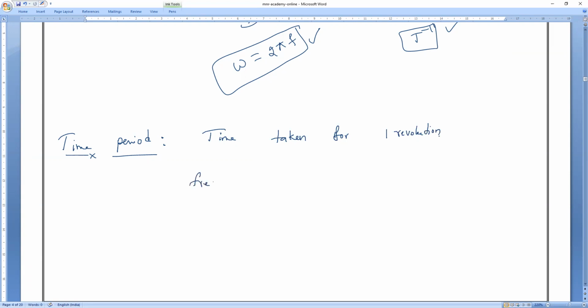Now let frequency be equal to F. If it makes F revolutions in 1 second, then one revolution is equal to how many seconds? 1 by F. Am I right or wrong, everybody?